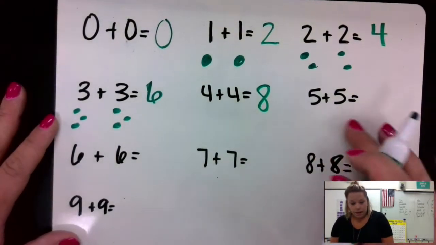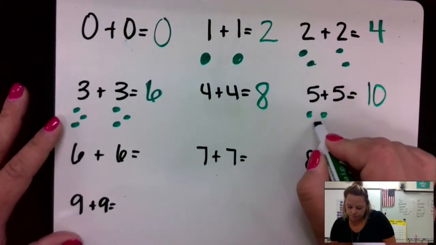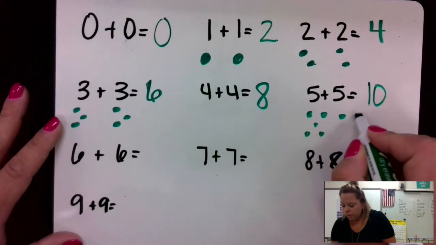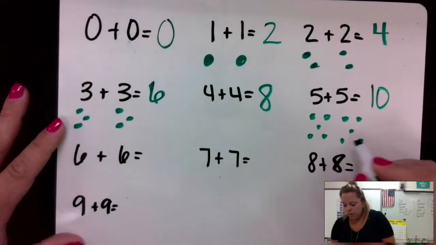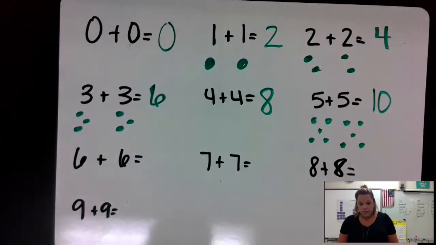That's great. 5 plus 5, 10. You can do all of these, you guys. If you need to do this for all of them until you get comfortable, you go right ahead and do it. 5 plus 5 is 10.